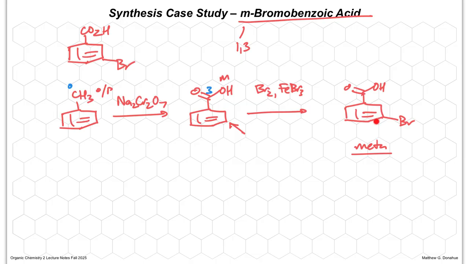So I would say, generally speaking, when you're dealing with a disubstituted aromatic, as long as you identify what the substituents are and backtrack to how you get them on there, really you're just dealing with sequencing them.